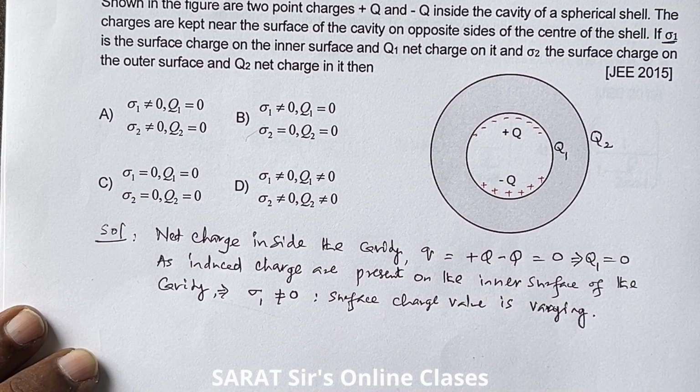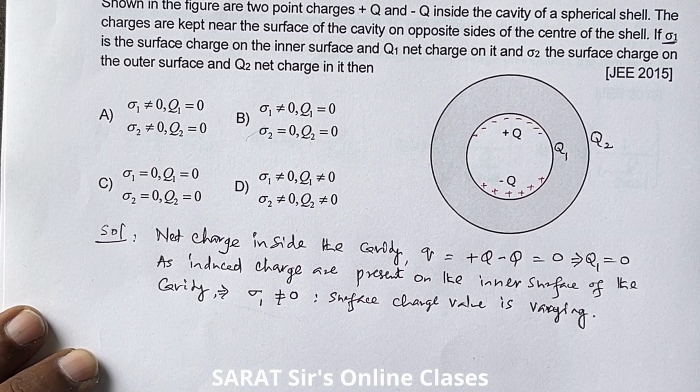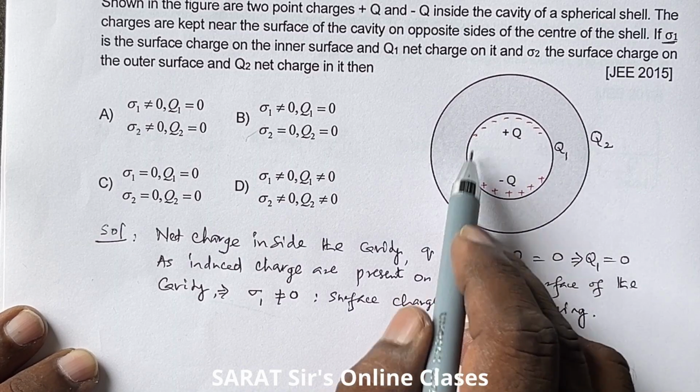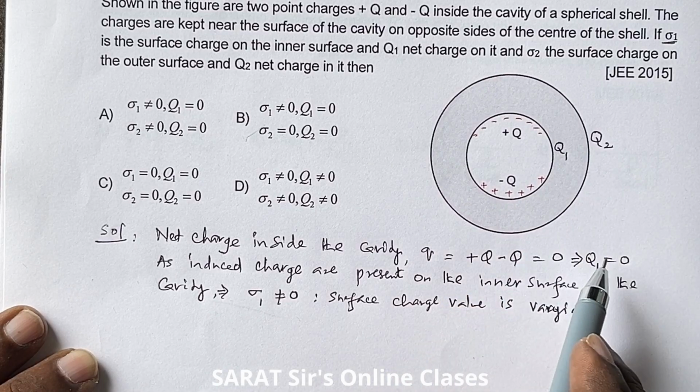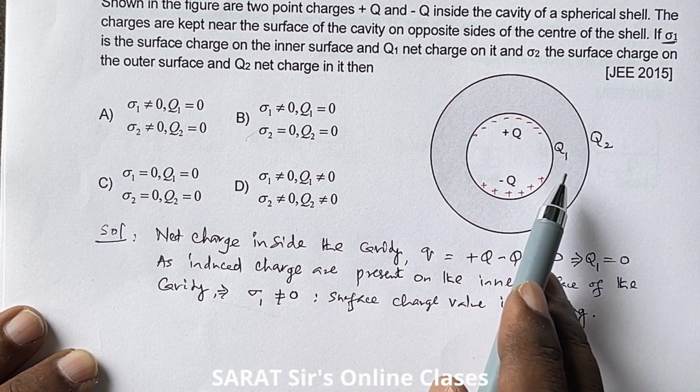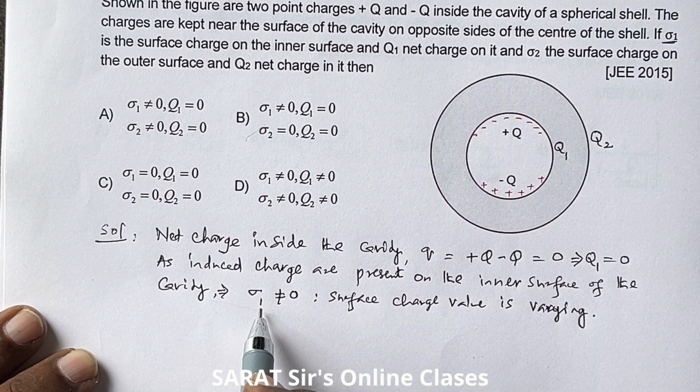So it is not constant and it is not equal to 0. But here the net charge on the inner surface q1 is equal to 0. The net charge became 0, still it possesses the surface charge.